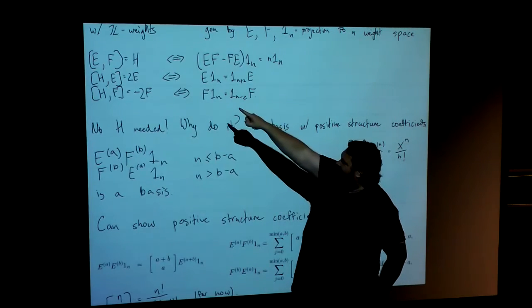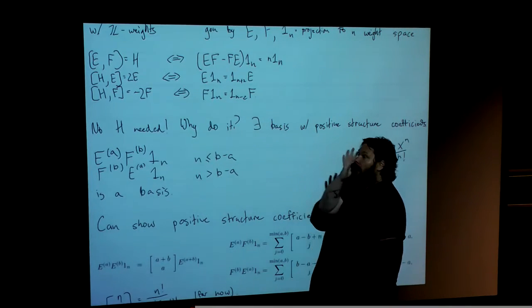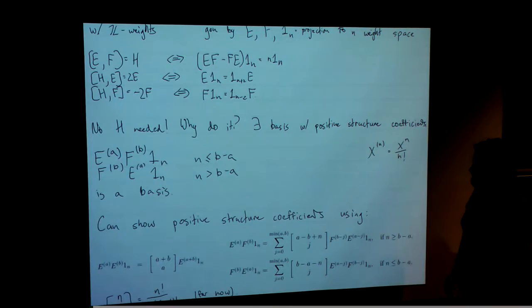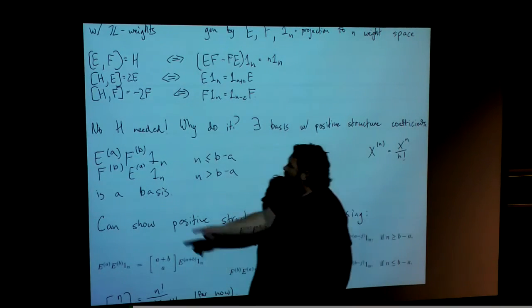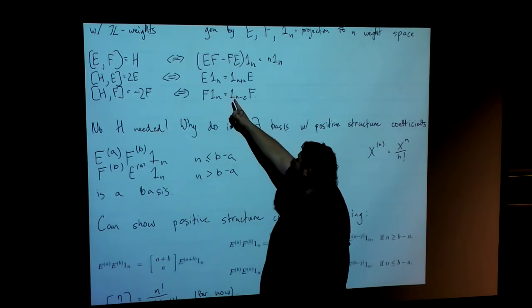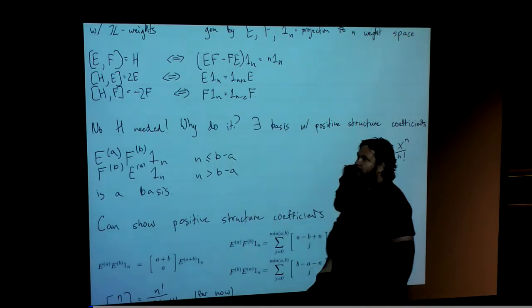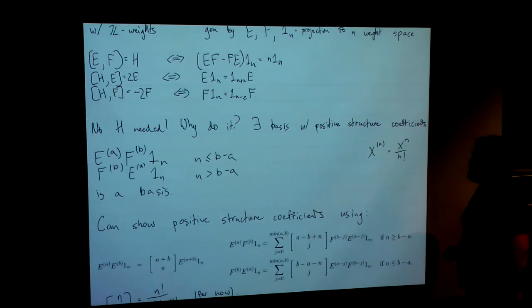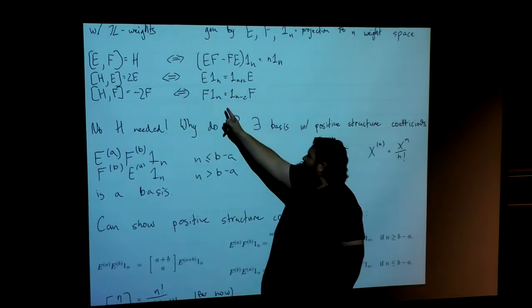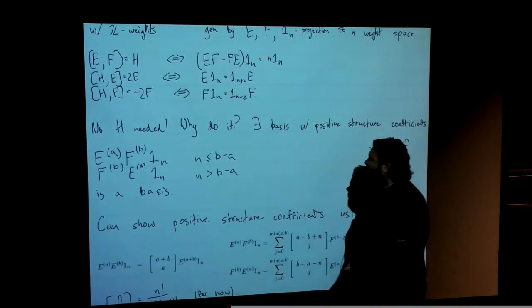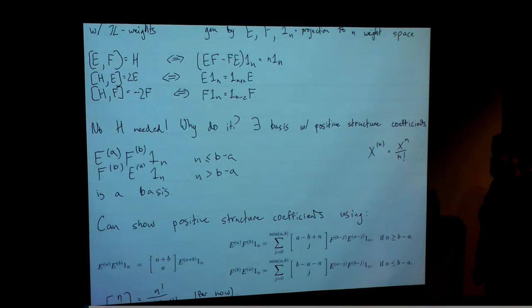This is just taking that equation on the left-hand side and multiplying by 1 sub n. And then the commutators of H with E and F say that when I move a 1 sub n past an E, the index increases by 2, and when I move 1 sub n past F, I get 1 sub n minus 2.